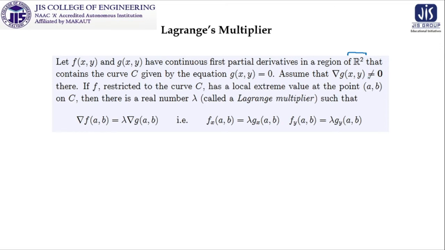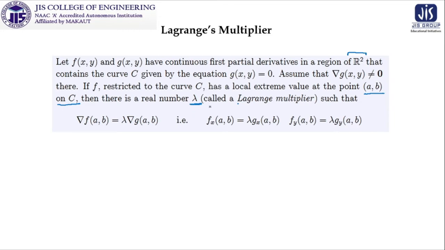Now if we assume that del g(x,y) is not equal to 0 there, and if f restricted to the curve C has a local extreme value at a point (a,b) on C, that means (a,b) is on C, it is not freely available in the whole domain, then there is a real number, here termed as lambda.